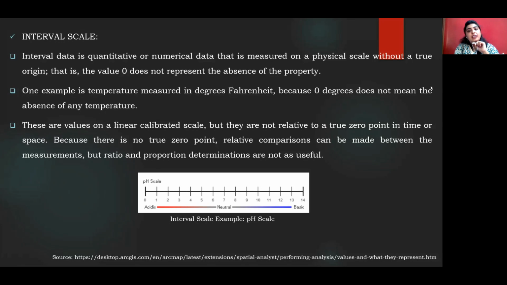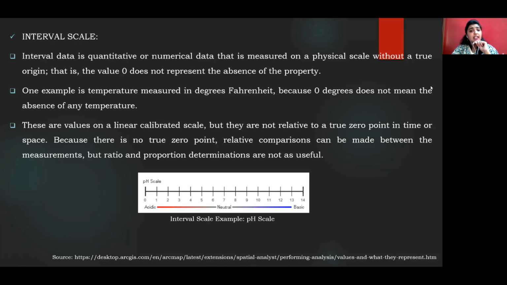Temperature measured in degrees Fahrenheit, because 0 degrees does not mean that there is absence of temperature. There's always temperature. 0 degrees also represents some kind of temperature. 10 degrees will also represent, and 100 degrees will also represent some kind of temperature. So 0 does not mean that there is absence of that property.